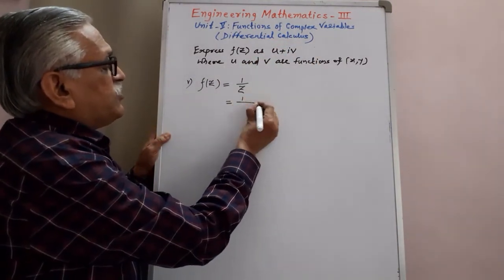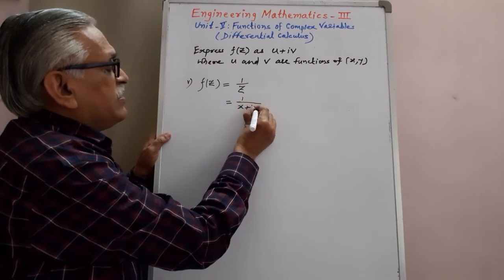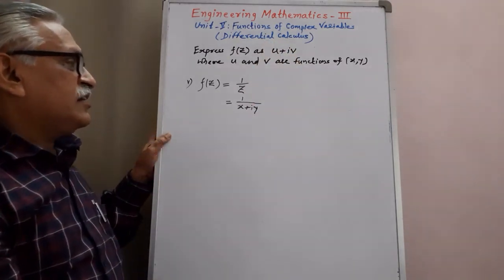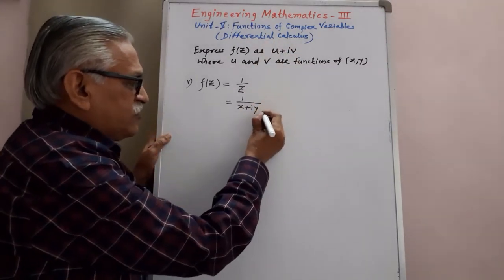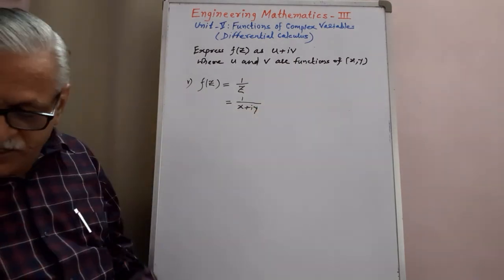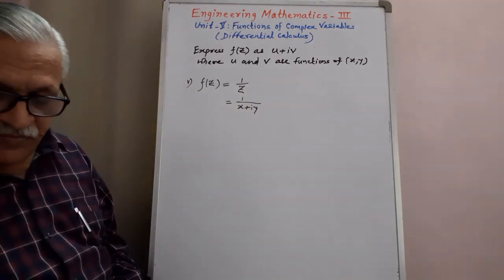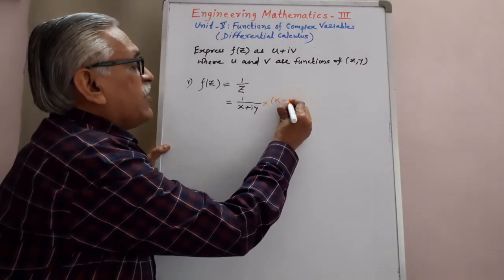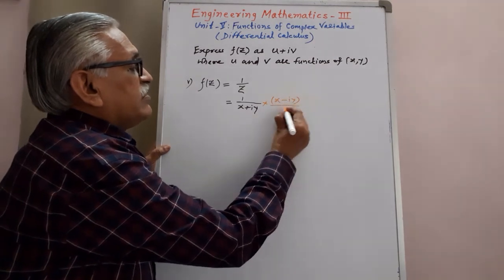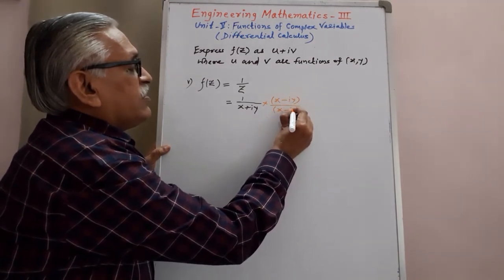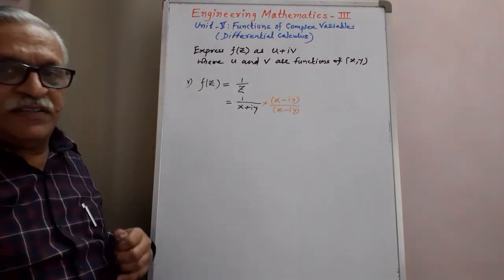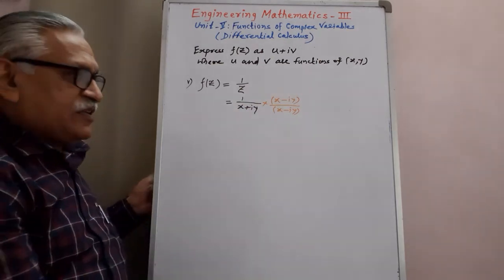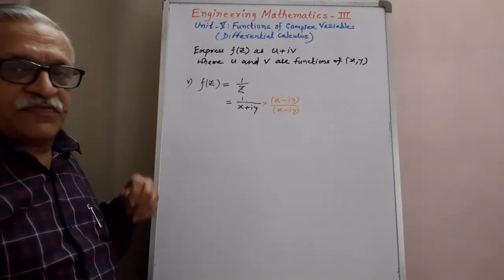For that, once again we substitute z as x plus iy, and to separate the real and imaginary parts, we have to multiply and divide by its conjugate. That conjugate number is x minus iy. We multiply and divide by this same number so that there is no change in the original value, only we are changing the form, and this is called rationalization.